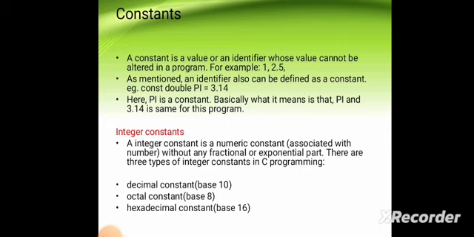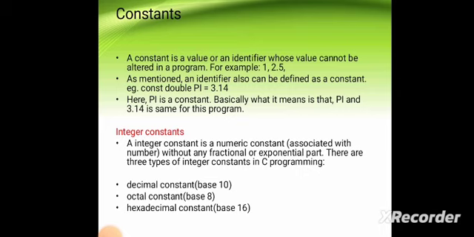Then constants are divided into two parts. What are they? Numeric constants and character constants. Numeric constants are also divided into integer constants and real constants. Only number values are accepted here.